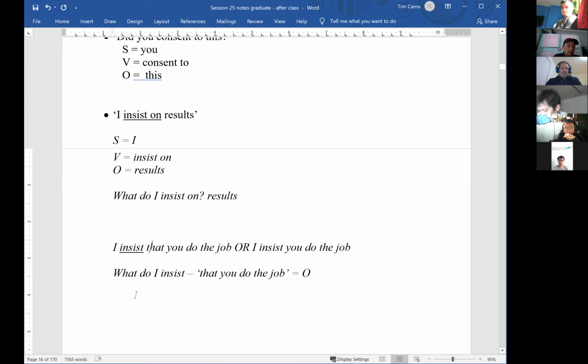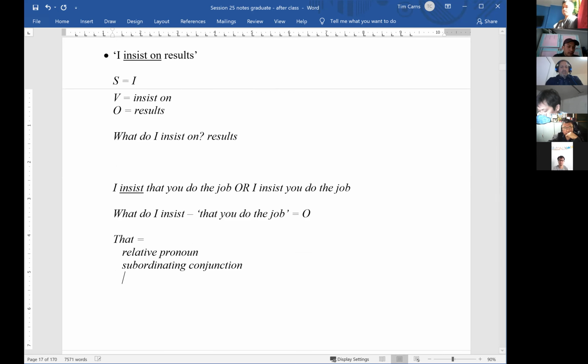Here, the word that, if you'll remember, guys, can function like a relative pronoun, or can function like a subordinating conjunction. It can function as a demonstrative pronoun. It can function as what I call a direct object marker that introduces a direct object.